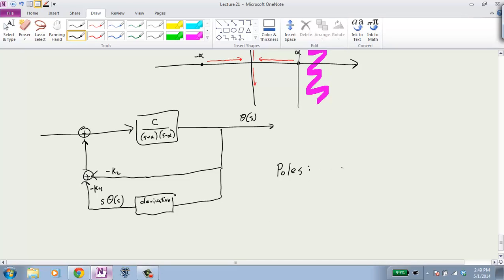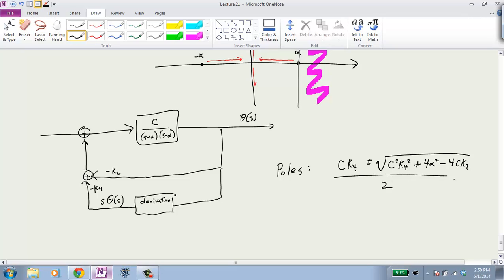The poles are at CK4 plus or minus square root. You can see that I used the quadratic formula here. Plus 4 alpha squared minus 4CK2.